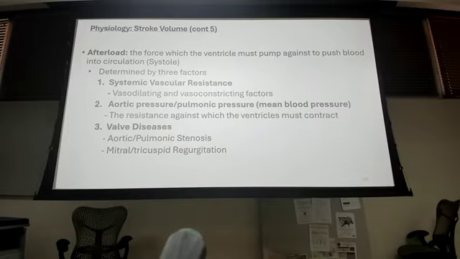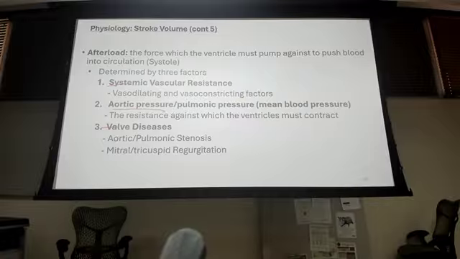And the things that can affect the afterload is what's the systemic vascular resistance? So what is that tone of those vessels? What is the aortic pressure, pulmonic pressure? And then is there any evidence of valvular diseases? So this could be aortic or pulmonic stenosis, where there's that resistance to opening and the resistance to getting flow.